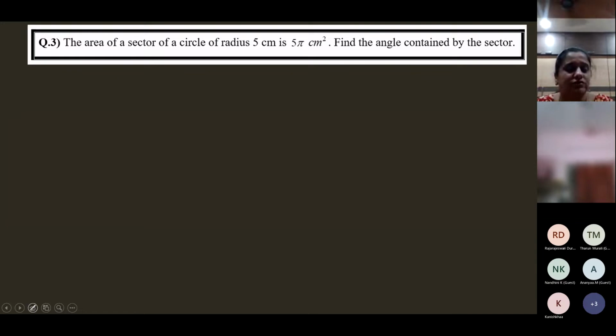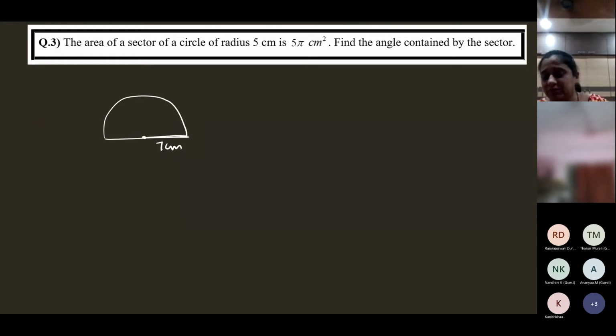Find the perimeter of this figure. Work and tell me the perimeter. I don't want the explanation. I just want the answer. What is the perimeter of this figure?